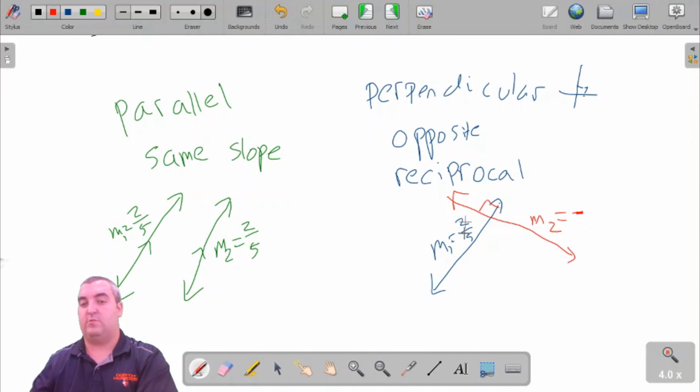And then reciprocal, remember, means your numerator and your denominators flip. So instead of being 2/5, this one's -5/2. Okay. So when you see that, you know it's perpendicular. They're opposite reciprocals. And yeah, you get two lines that will work out.